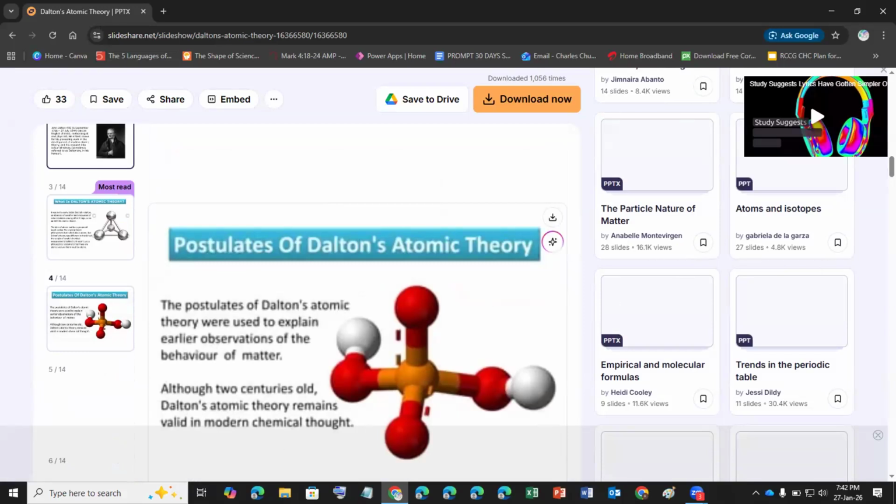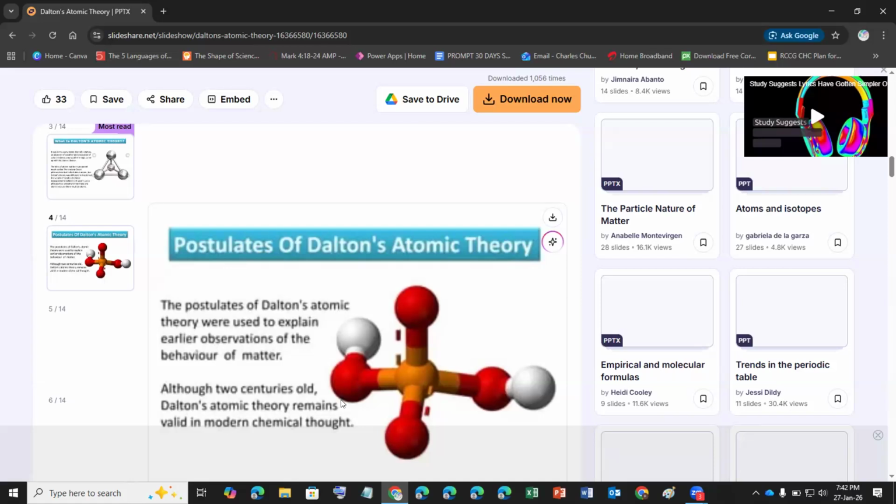So this was his model, or his concept, about what an atom was. Because we need to understand that these were theories, right? And in science, things have to have substance to be proved. So nobody could really see what atoms were.